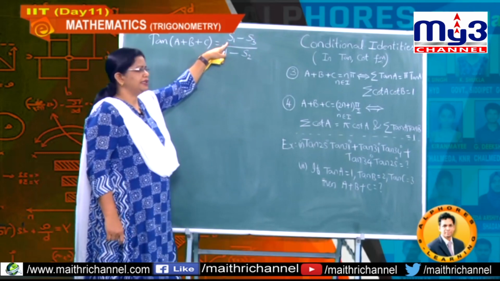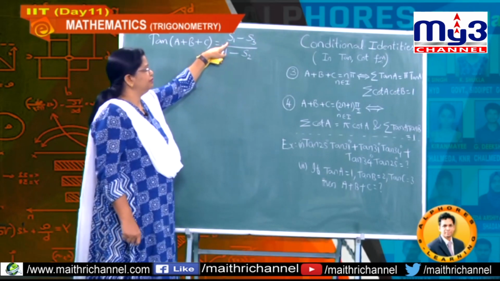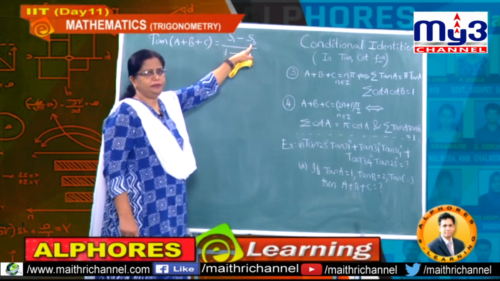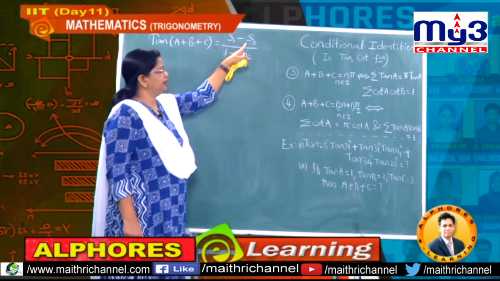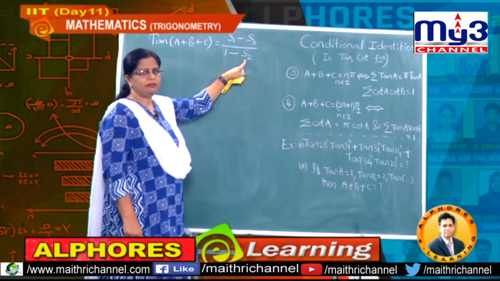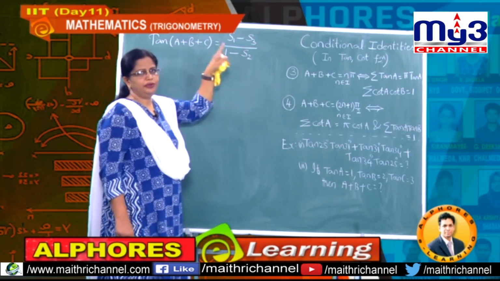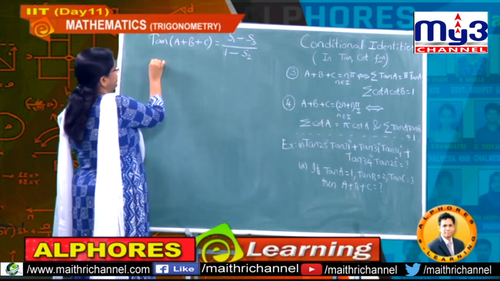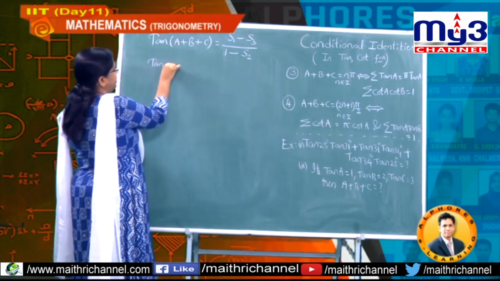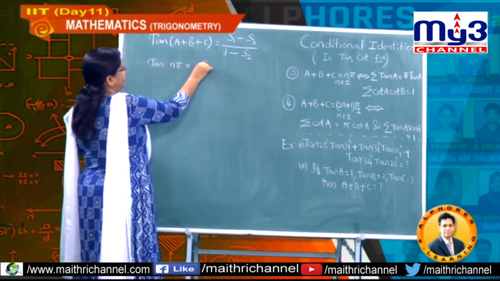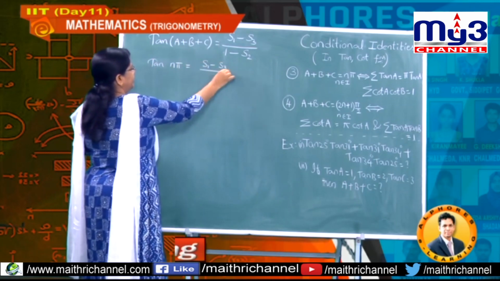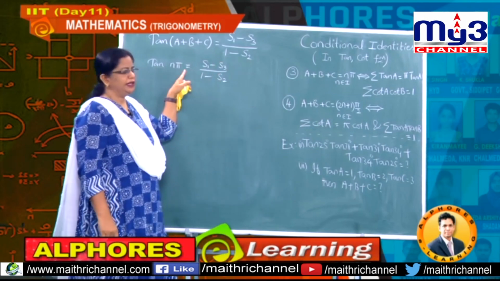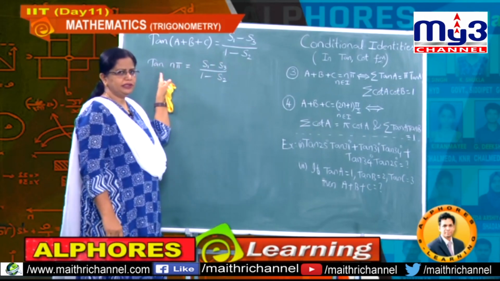Tan A plus tan B plus tan C, the sum of terms taking one at a time; S3 represents the product of all three terms; S2 represents the sum of products taking two at a time. Now if I substitute A plus B plus C as n pi, this is tan n pi equal to S1 minus S3 by 1 minus S2. Okay. But what is tan n pi when n is an integer? It is 0.